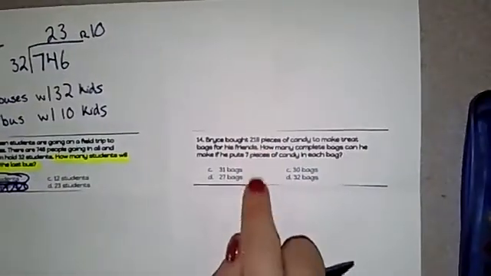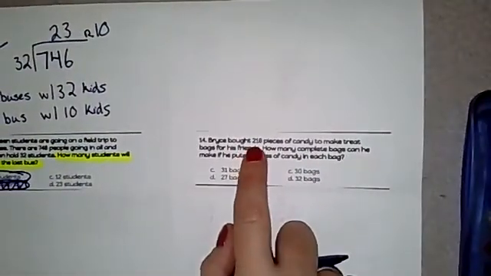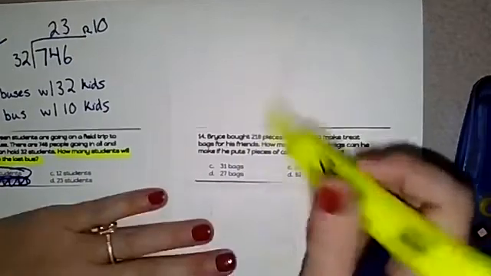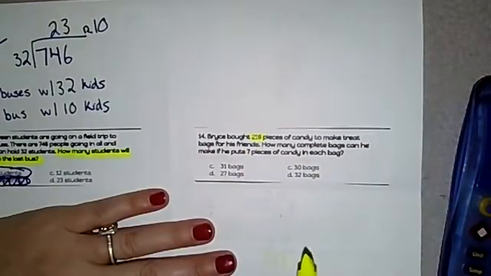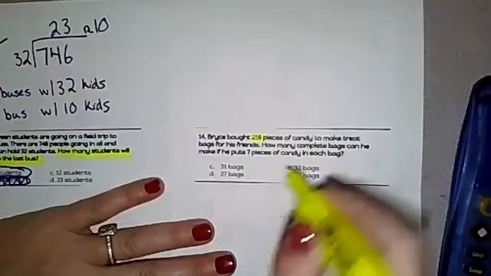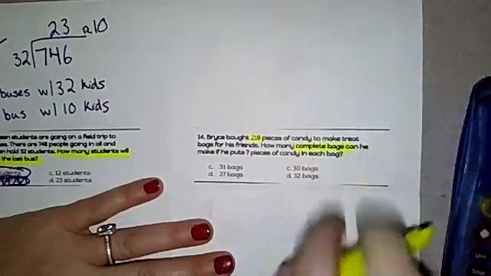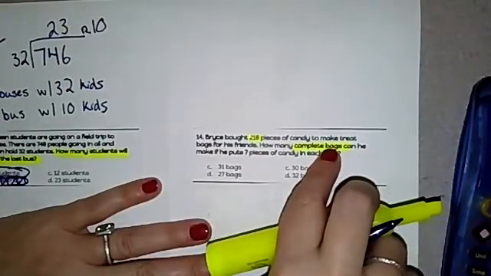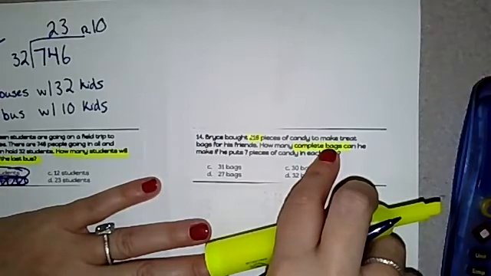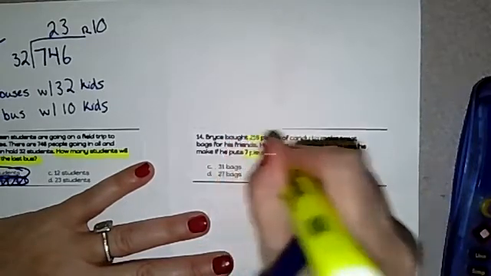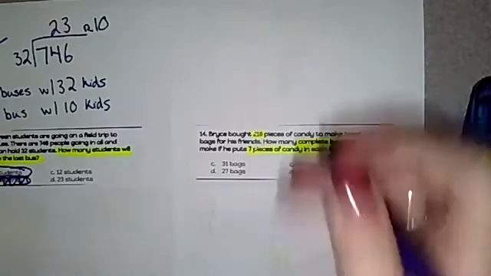All right. Bryce bought 216 pieces of candy to make treats for his friends. How many complete bags? Highlight that. How many complete bags can he make if he puts 7 pieces of candy in each bag?